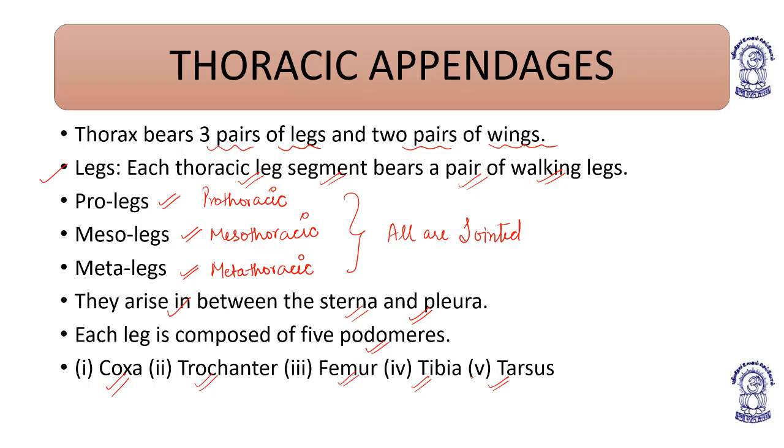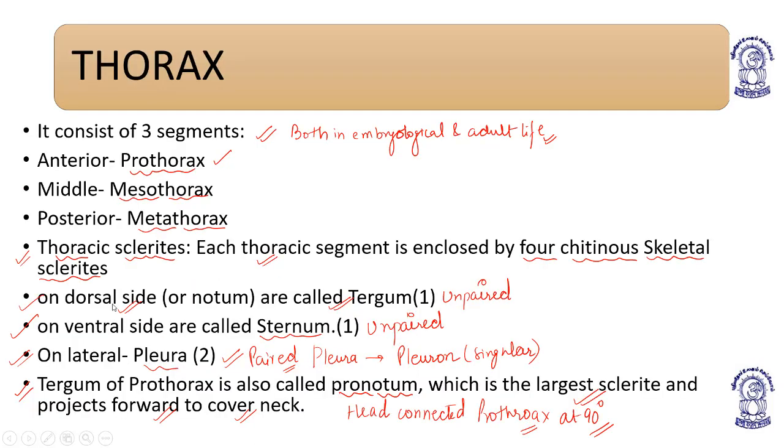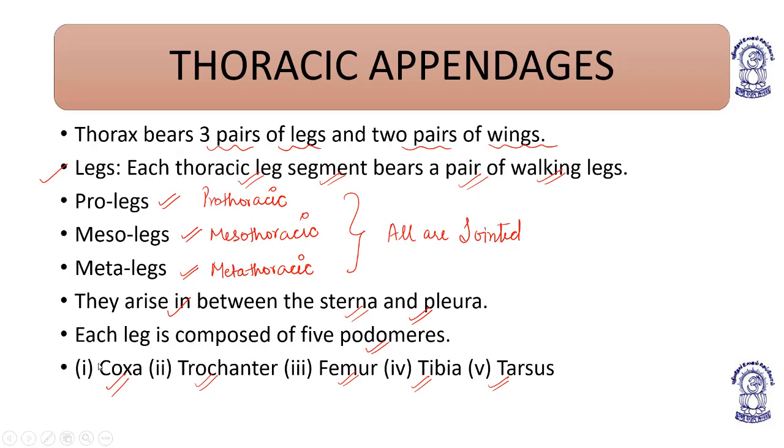So all these sclerites, whether it is the pronotum or the others we have discussed, like the dorsal tergum, ventral sternum, and lateral pleura or pleuron. All these legs arise in between sternum and pleura. Pleura is on the lateral side, dorsal is tergum and ventral is sterna. Okay, so I'll write here.